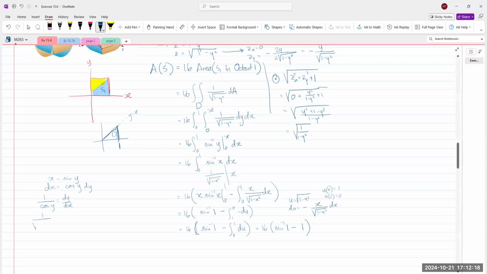So 1 over square root of 1 minus x squared, this is cosine y, like sine inverse x equals y. So the derivative of sine inverse x is that, so the integral of 1 over square root of 1 minus x squared dx equals y, which is sine inverse x plus c. So that's correct.